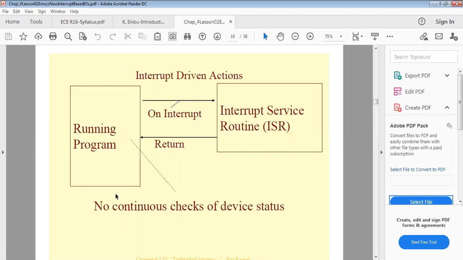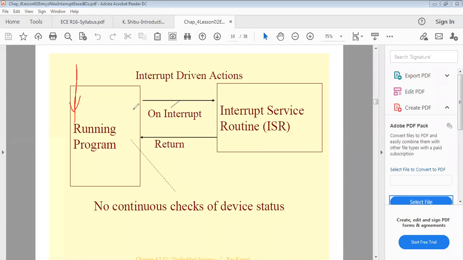See here, this is the service mechanism in pictorial form, interrupt driven actions. This is the normally executed program.